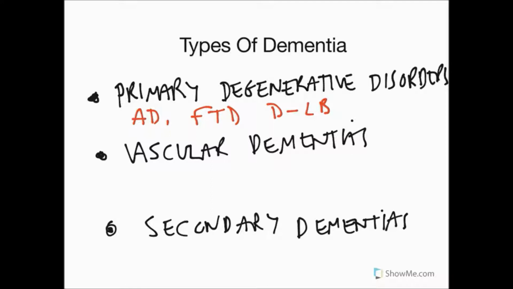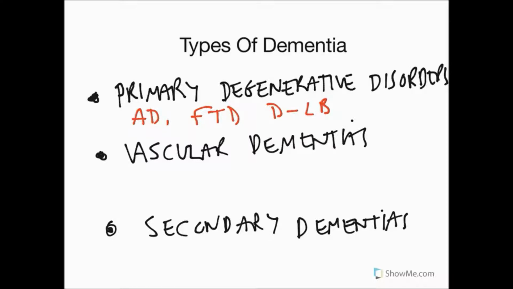The second group are vascular dementias. Vascular dementias are obviously defined by a problem associated with the blood vessels supplying brain tissue. So often we find that there's disease of the blood vessels supplying the brain tissue itself.